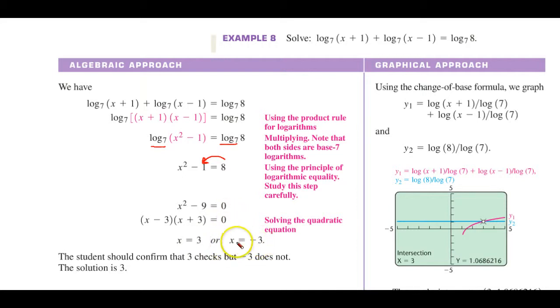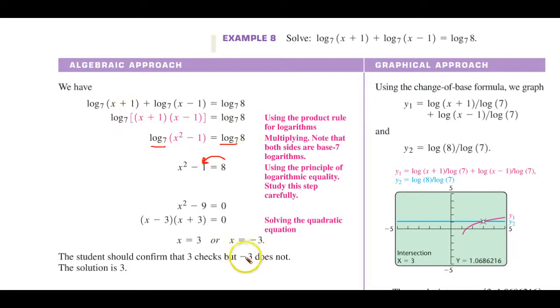Now you then put this -3 into that original equation. And notice here, if that's a -3, you're going to have log 7 of -2. Remember, logs of negative numbers are undefined.